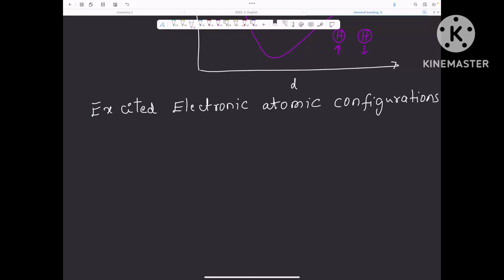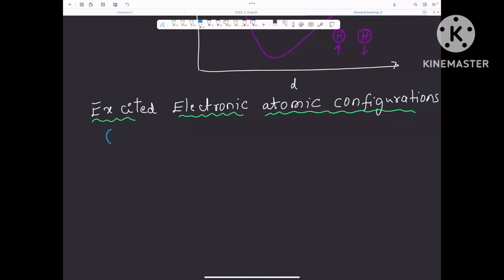Right now I haven't taught you how this principle is acting to form a covalent bond. So these can only be understood by using theories. Subheading: excited electronic atomic configurations.